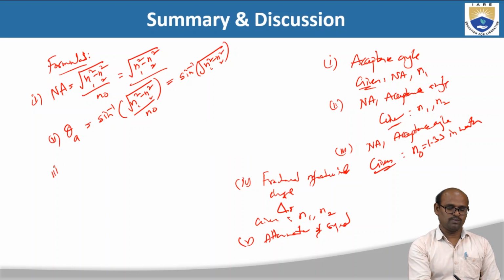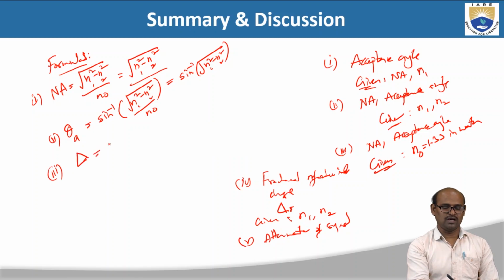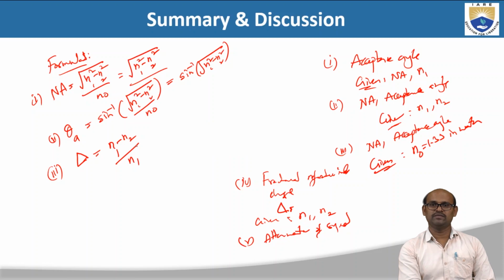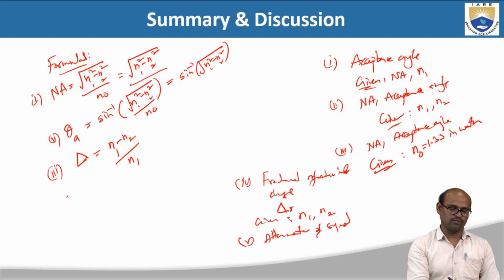The third formula we need to use is fractional refractive index change delta, which is n1 minus n2 by n1, where n1 and n2 are refractive indices of core and cladding. So this is the third one.